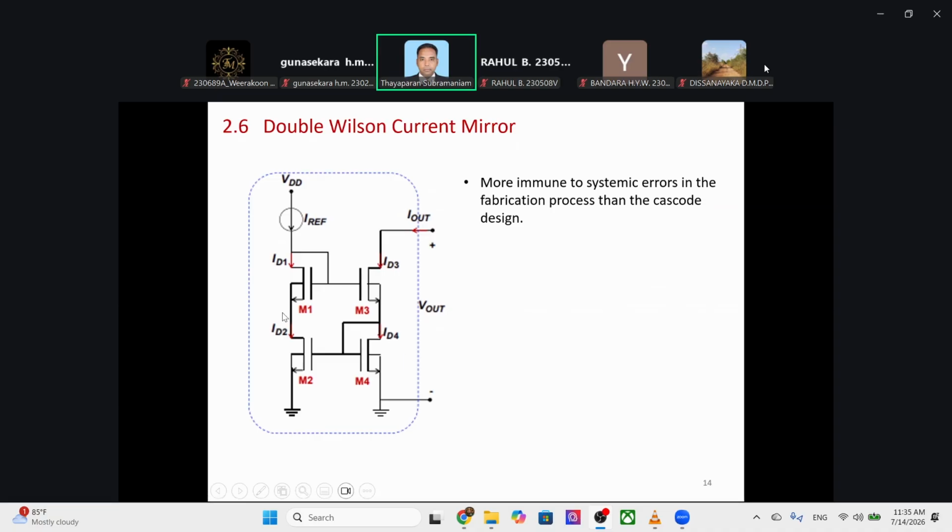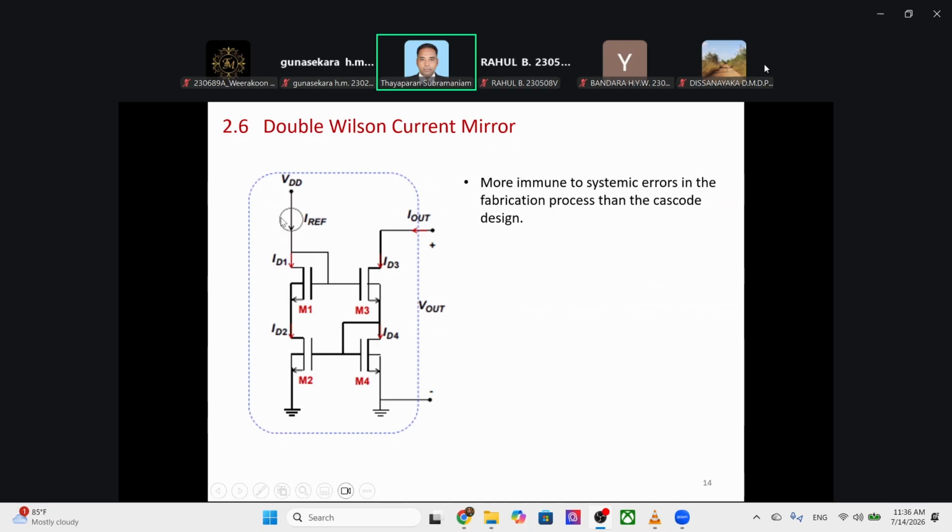Similarly, here variation in VDS changes this part to force this side to have the right current.